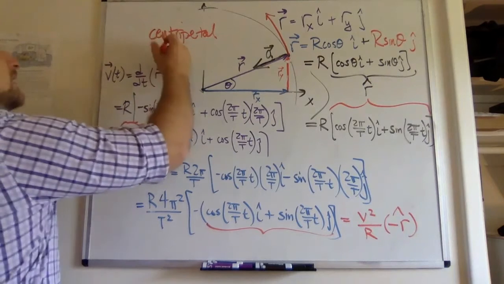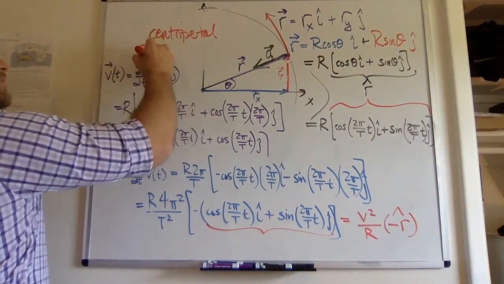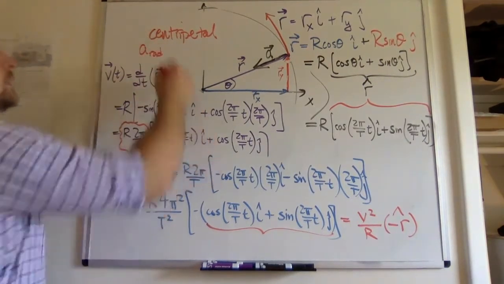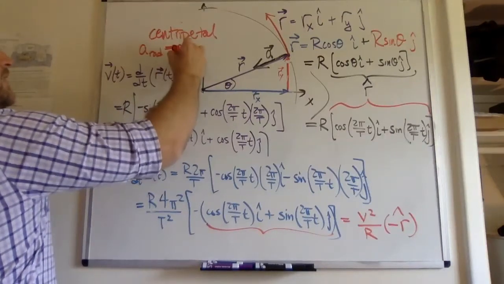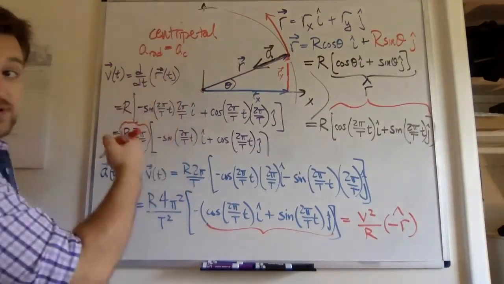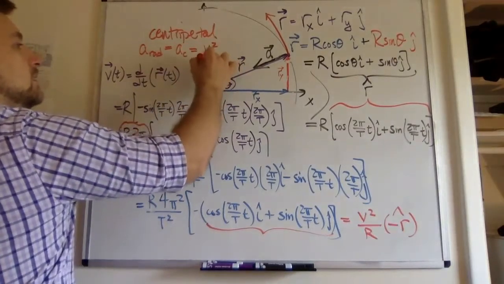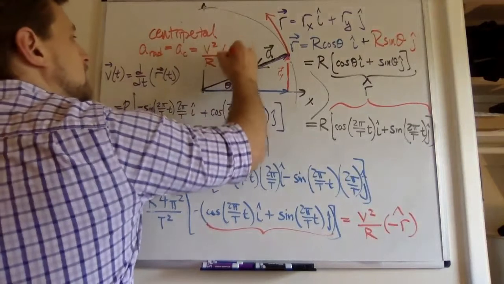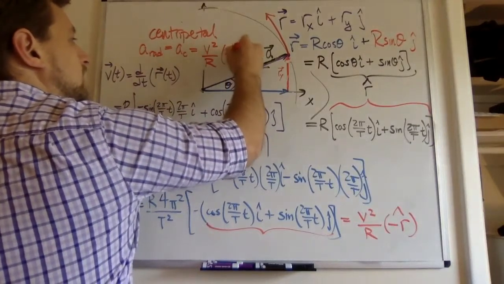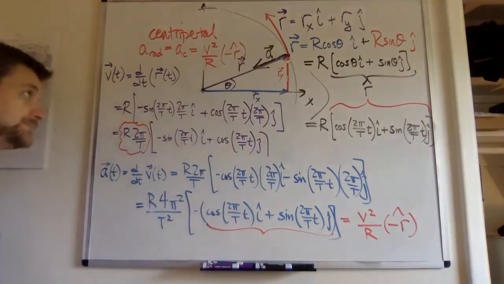So we'll write it as either a rad for radial, or a sub c for centripetal, or circular if you like. V squared over r in the negative r direction.